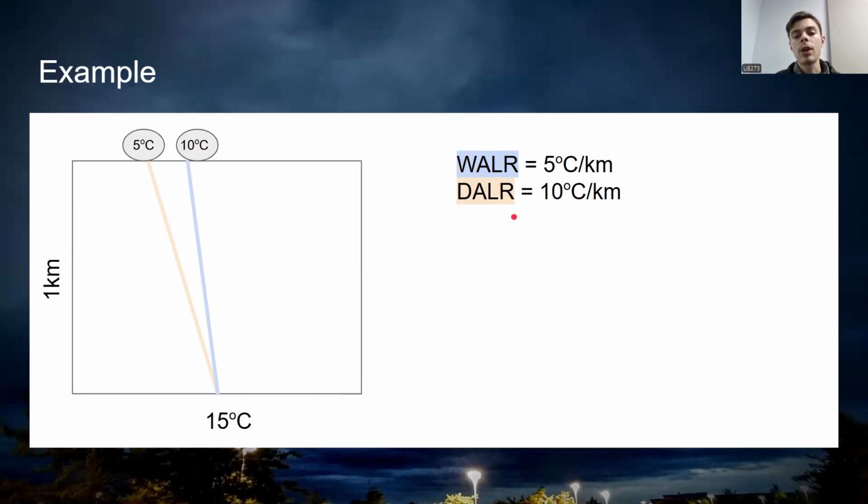And here are two example rates. The dry adiabatic lapse rate is always going to be 10 degrees Celsius per kilometer. We already talked about that, and that's because the specific heat of dry air and the gravitational constant are typically the same, and we are in hydrostatic balance. So this is always going to be 10.